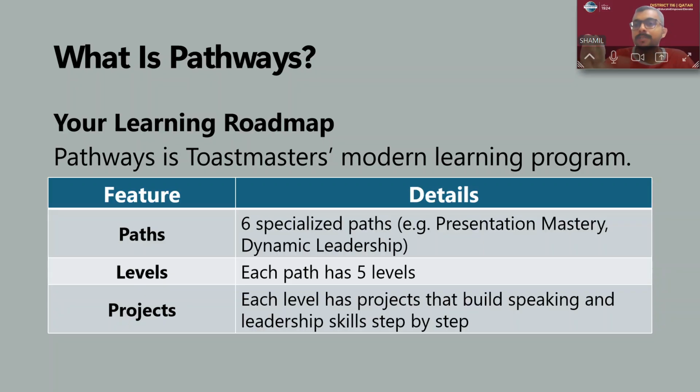As you progress, the complexity increases, but the number of projects decreases. Towards the end, your leadership skills will be tested by conducting a project for the club, the area, or the district, whichever it may be. That is how the levels are designed.